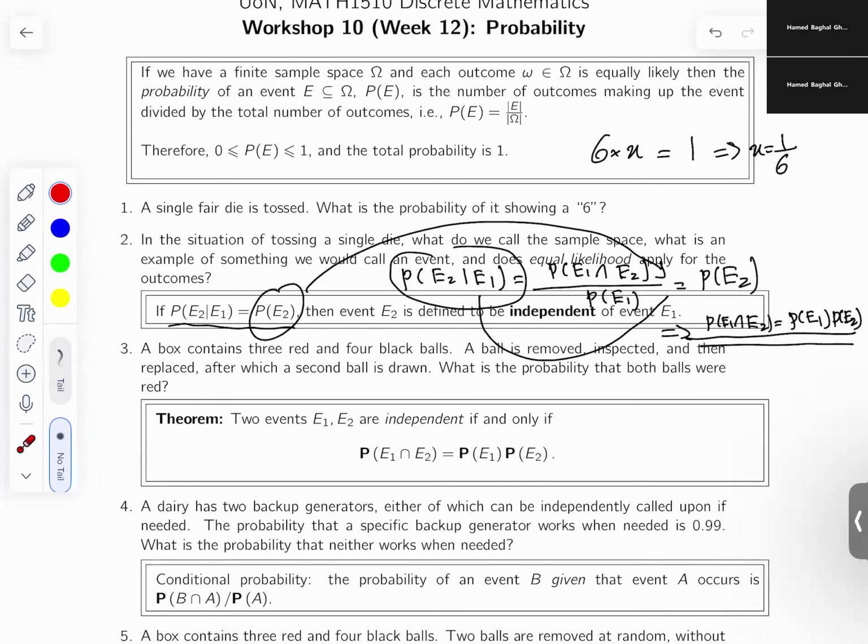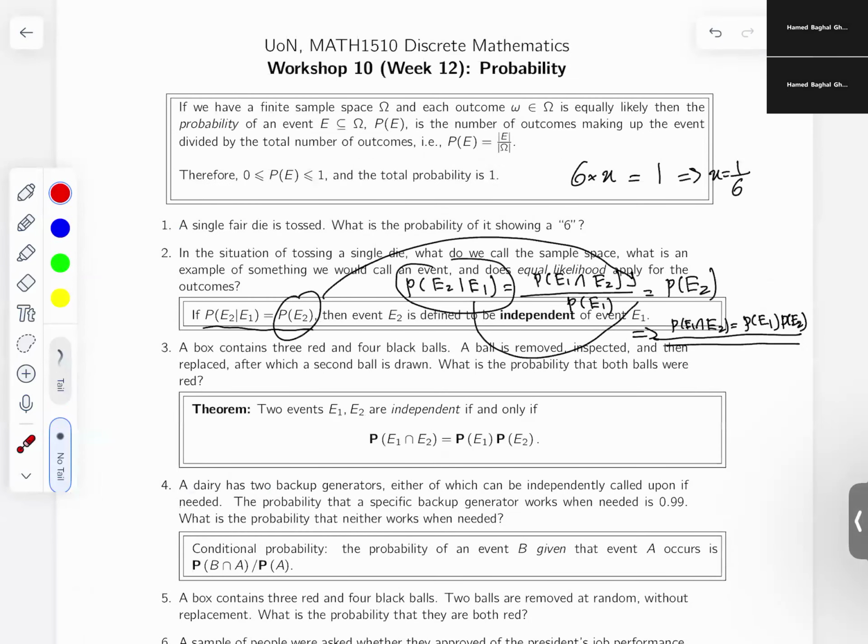Okay, so all right, this is written here as well. A box contains 3 red, 4 black. We take one of them by chance, analyze it, and we put it back here.